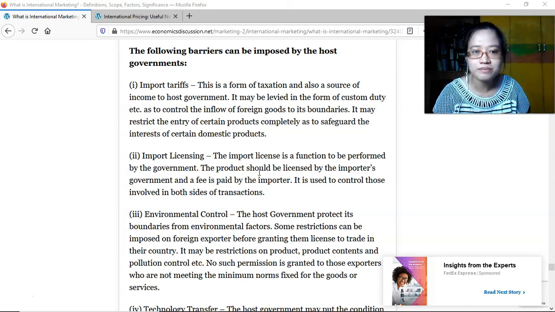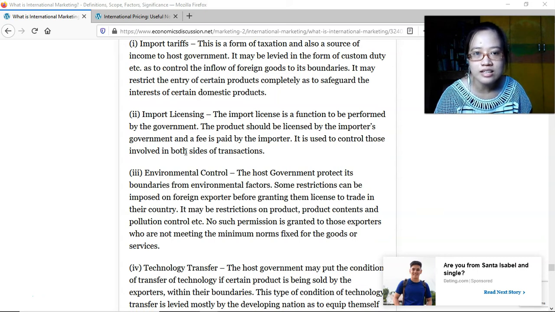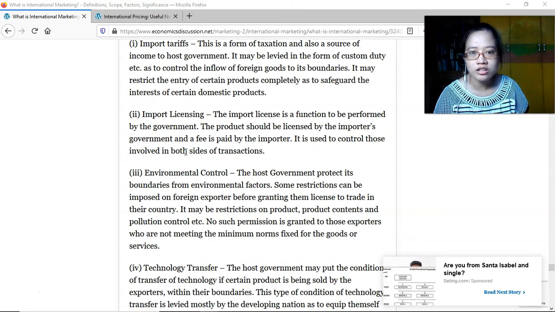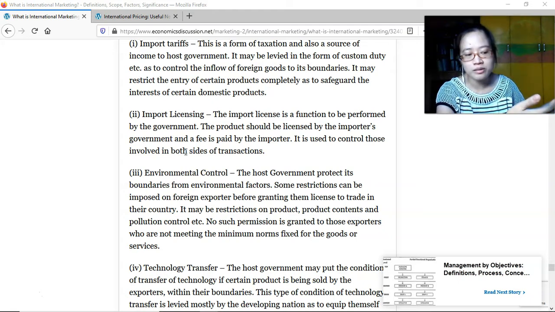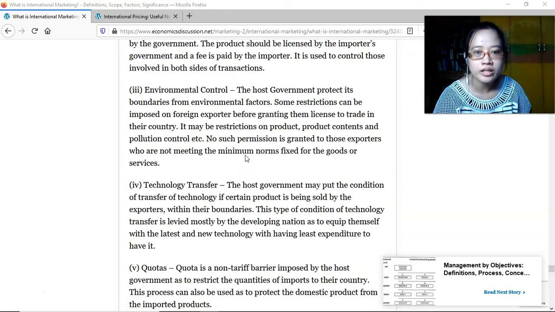So they need to monitor that, so they have import licensing. They have a maximum amount that they can import, or that this particular company could provide to that particular international market.